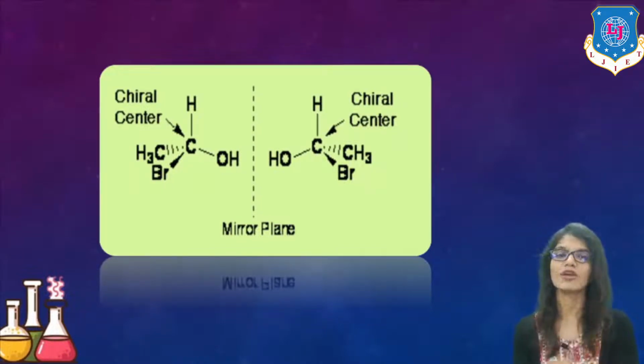Such a carbon is known as a chiral carbon, and this phenomenon is known as chirality. Here you can see that they are non-superimposable on each other, but they are mirror images of each other. In that manner, we can say that they are optically active compounds. Every chiral carbon is always an optically active compound.